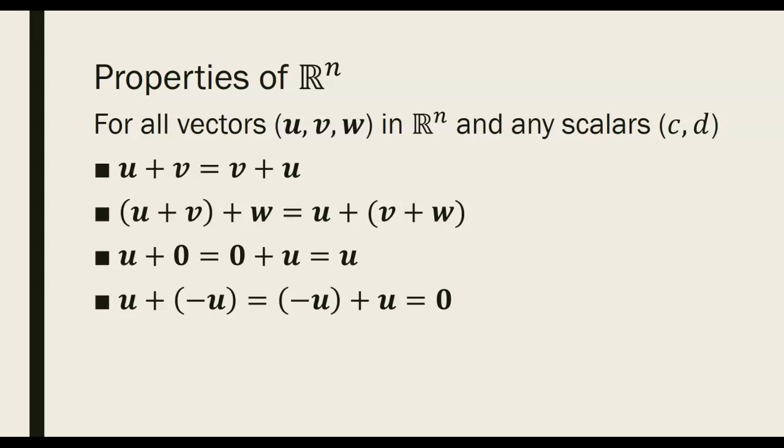And so when we add 2 vectors, a lot of the properties of real numbers are going to scale over. For instance, when you add 2 vectors, we're going to note that vector addition is commutative. So the order you added them doesn't matter.